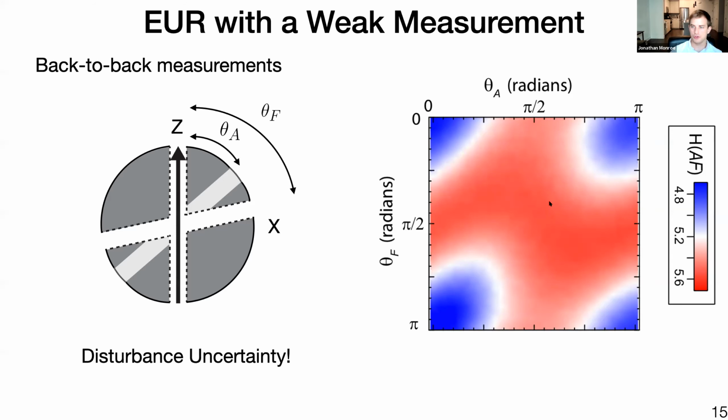So there's a full distribution here. The entropy is minimum at the places that we might expect, when both measurements are aligned with the initial state, sigma z. When one of them is anti-aligned, measuring minus sigma z has the same entropy as measuring plus sigma z. And then when either of the measurements is at pi/2, when we're measuring x either weakly or strongly, that corresponds to maxima in the entropy.